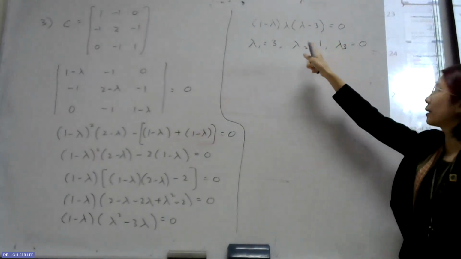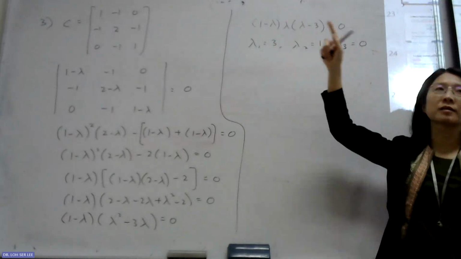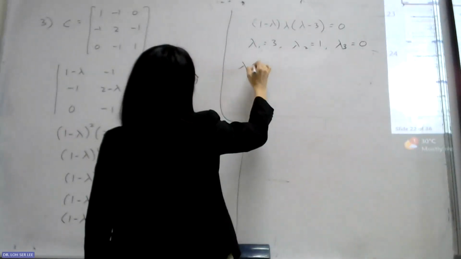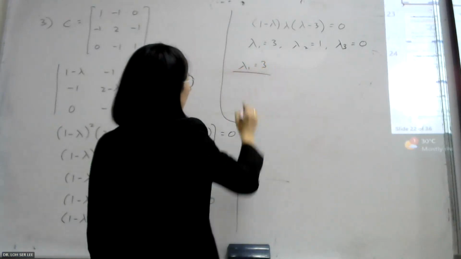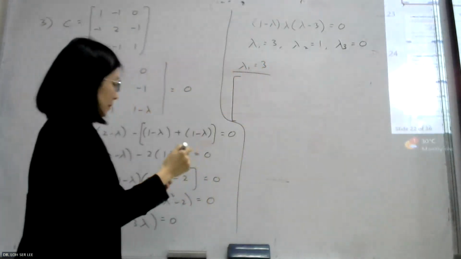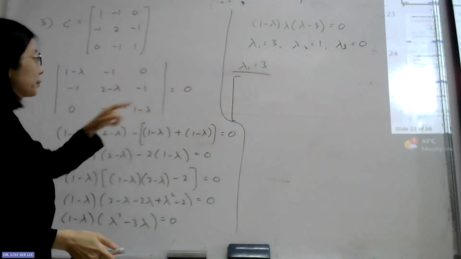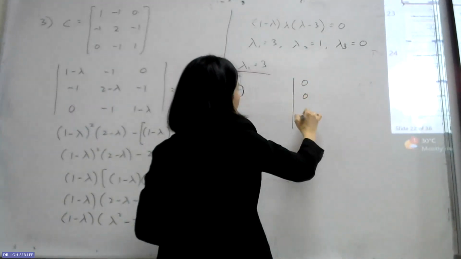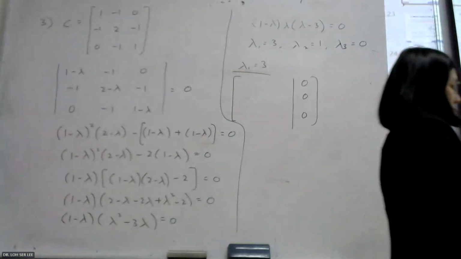It can be lambda 1, lambda 2, lambda 3, doesn't matter, because later on your answer will be in one pair. This is one pair, one pair, one pair. So start from lambda 1. Lambda 1 is 3, so you substitute lambda by 3. Form the matrix, and the right hand side is all 0.